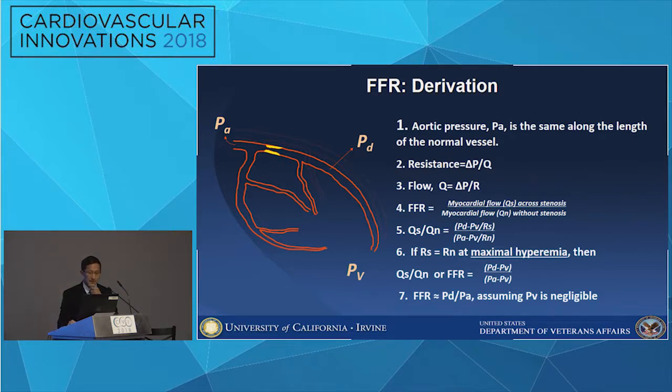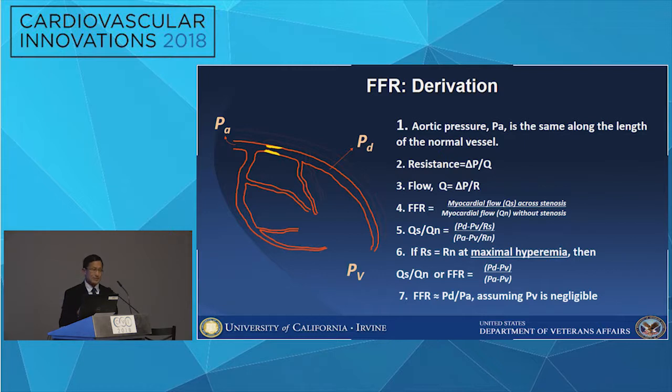So if you define FFR as the myocardial flow across a vessel with a stenosis, divided by the myocardial flow QN without a stenosis, then these two end up being here, the PD minus PA, the pressure of the vein, divided by the resistance. And so a critical part of FFR was that only at maximal hyperemia could you assume that the resistance of the vessel with the stenosis is the same as the one without the stenosis.